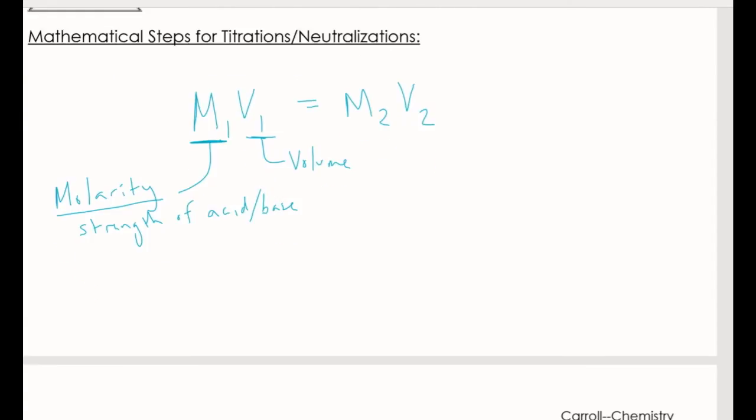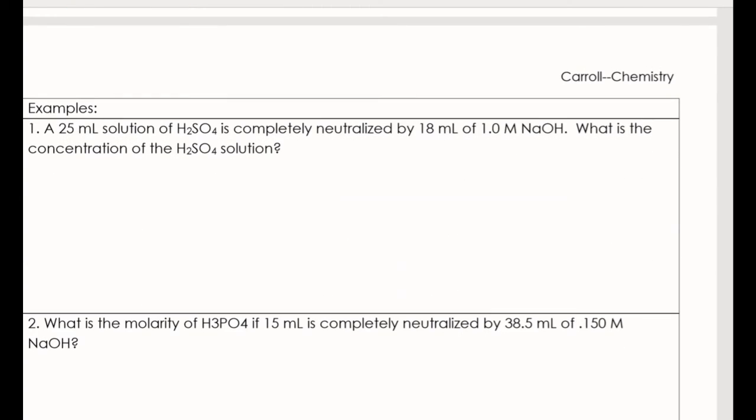All right, so we're going to look at two quick examples here. When you're going, you should label the M's and the V's in the equation. It says we have a 25 milliliter solution, that is a volume, and it's completely neutralized by 18 milliliters of 1 molar NaOH. If you have two numbers that are next to each other, they will go together, okay?